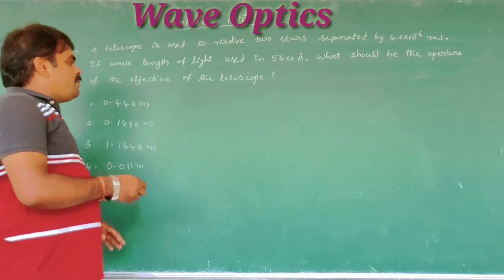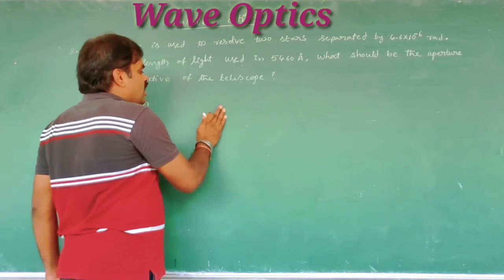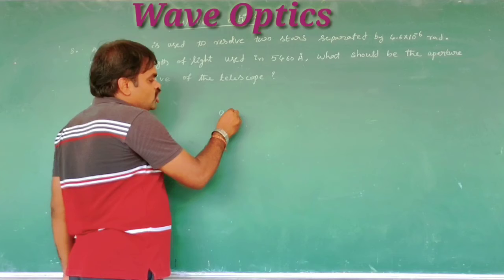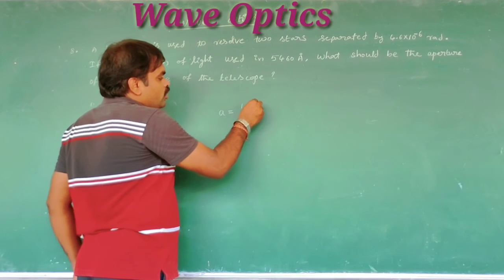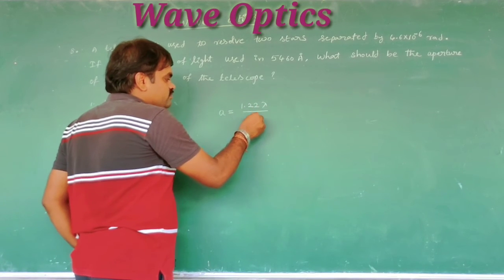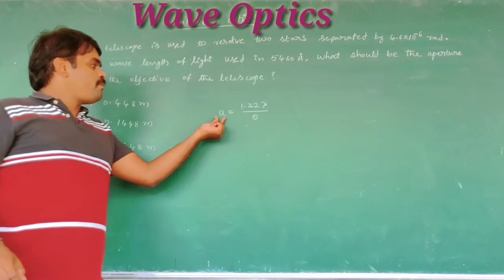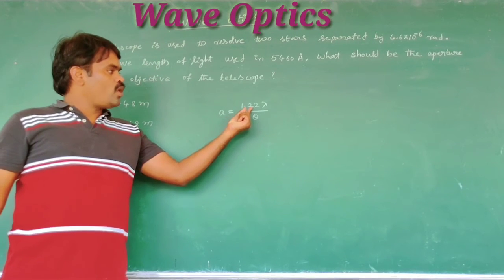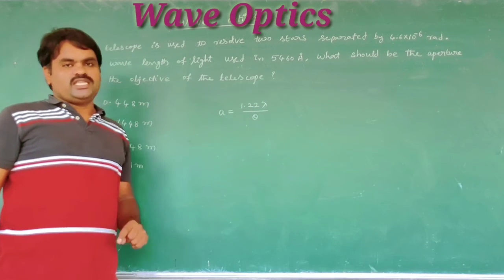Here, the aperture of the telescope is A is equal to 1.22 lambda by theta.